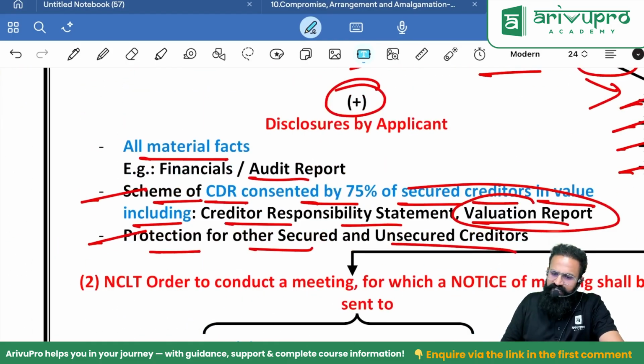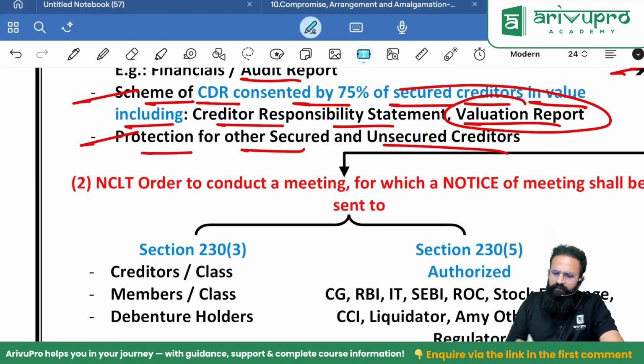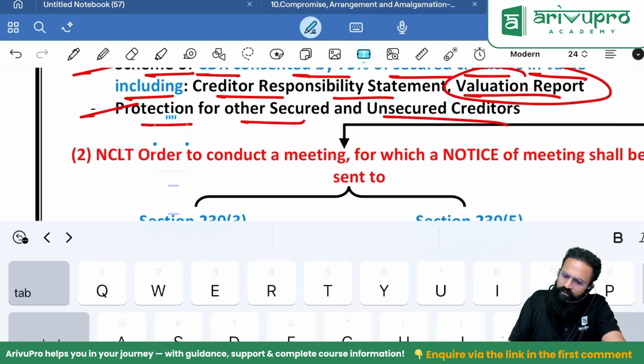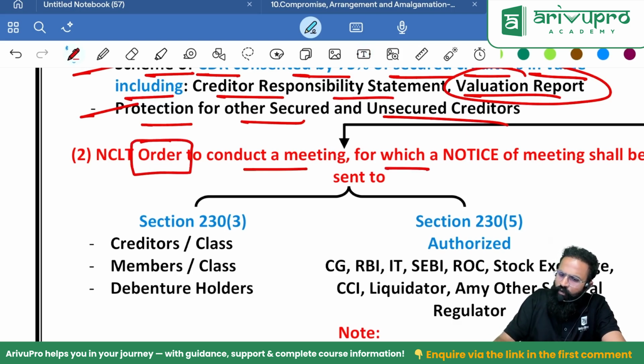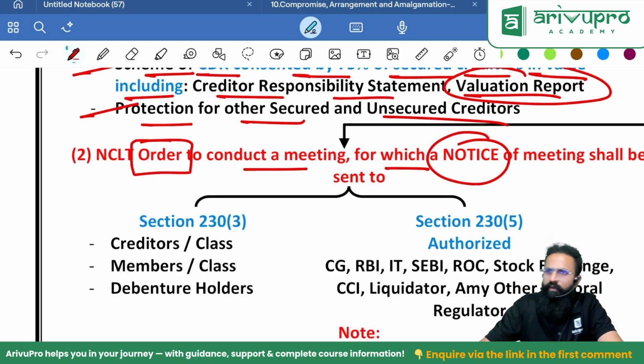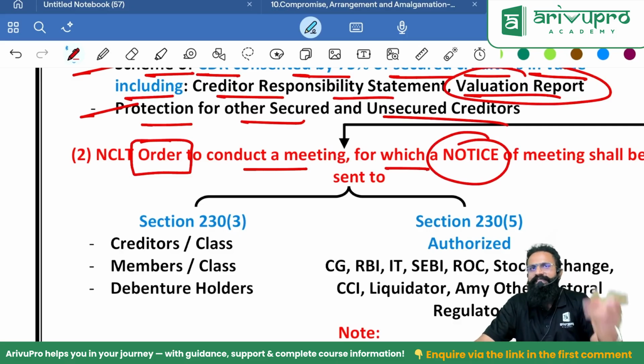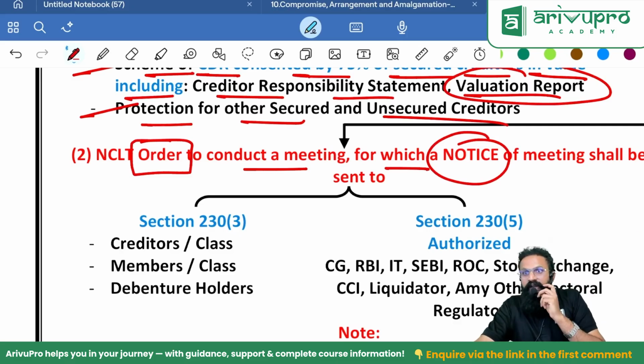Okay. Now we will see here. We have filed an application to the tribunal. The tribunal will order to conduct a meeting, for which a notice of the meeting shall be sent to. Now what is it, people? The tribunal has received the application. Now the tribunal cannot decide everything on its own. At the end of the day, the compromise or arrangement has to be made between the company and its members, and the company and its creditors.